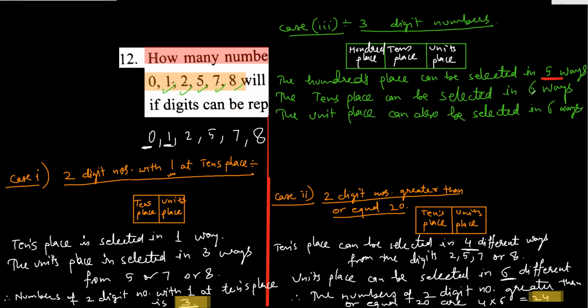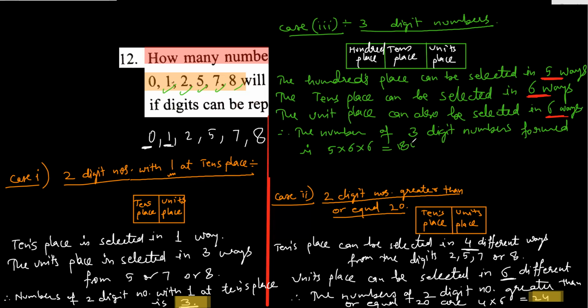See, 5 ways, 6 ways, and 6 ways. So therefore, the number of 3-digit numbers formed is 5 into 6 into 6, that is 180.